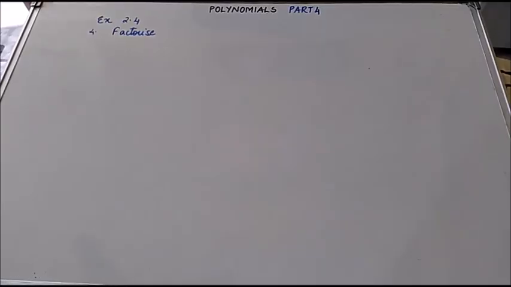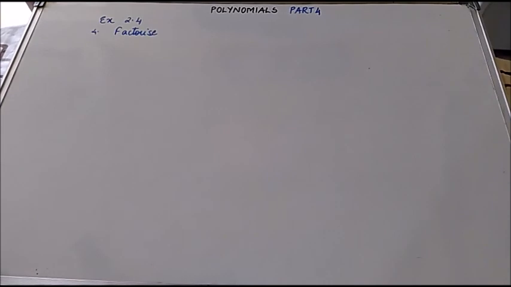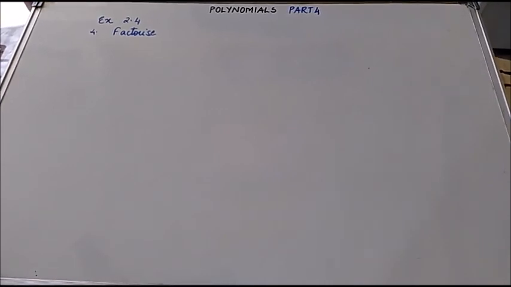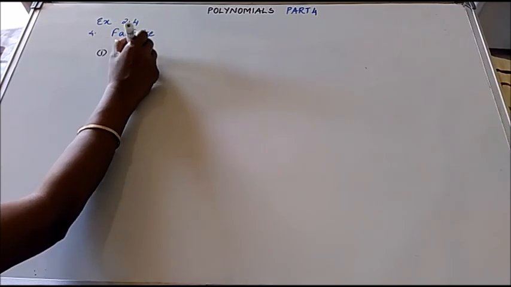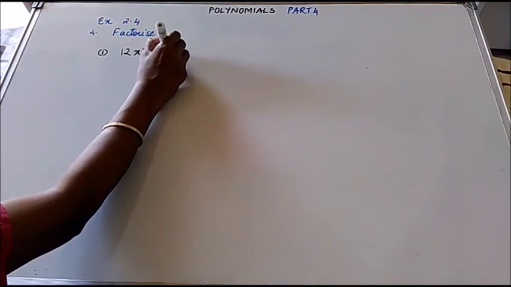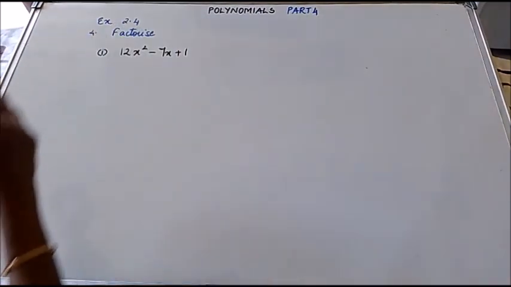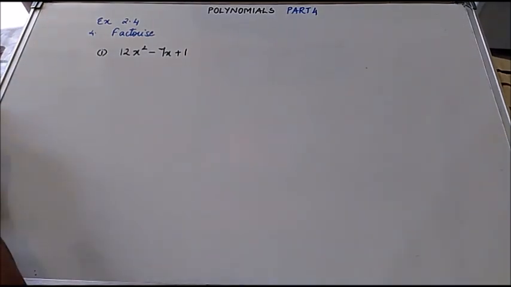Let us do exercise 2.4, the fourth question, factorize. Now here it is not specified that should we do it by splitting the middle term or by factor theorem. We will do factorization by splitting the middle term. The first question is factorize 12x squared minus 7x plus 1. So we have already learned this in 8th standard.